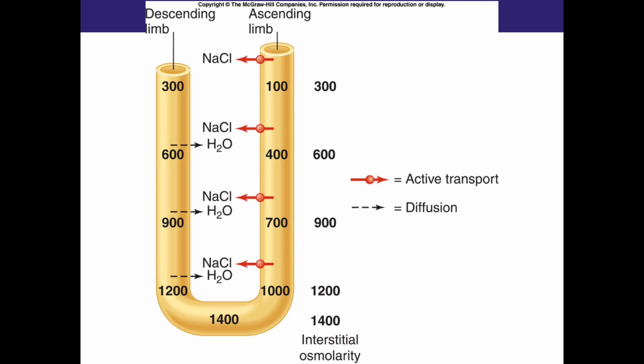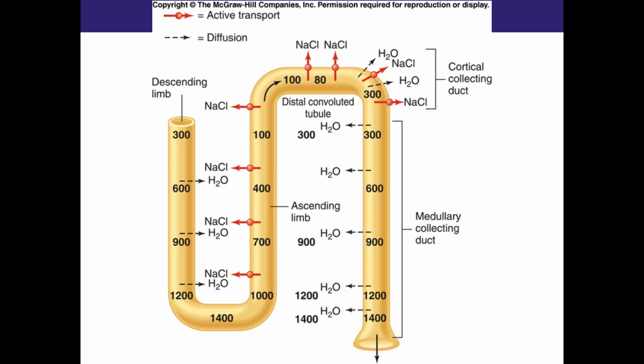All right, so here's the key to understanding this as well. Now taking a look at the entire nephron, we've got the proximal tubule, the loop of Henle that's establishing the osmotic gradient, the distal tubule and the collecting duct. You can see that even in the collecting duct, this whole area down here is 1,200 to 1,400 milliosmoles, very concentrated.